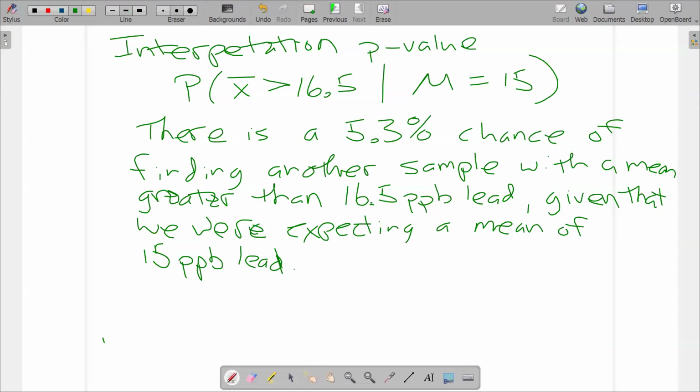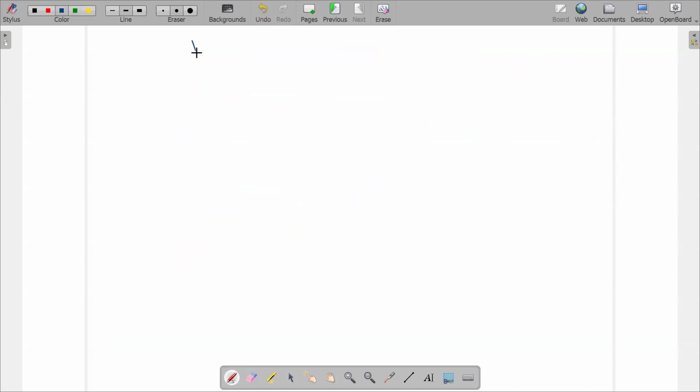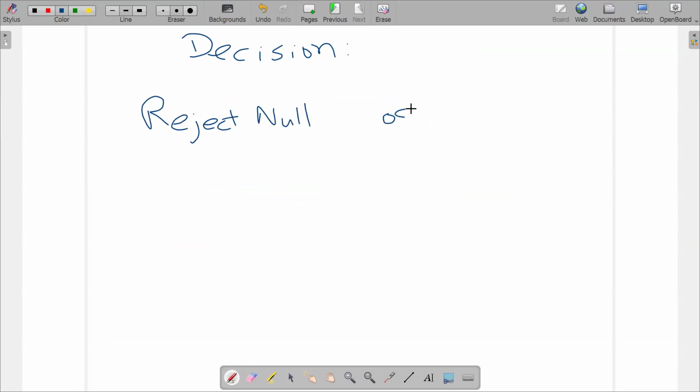All right, so next thing we need to do is come up with our decision. So to make a decision, you have two possible decisions. One is reject the null hypothesis, or fail to reject the null hypothesis.